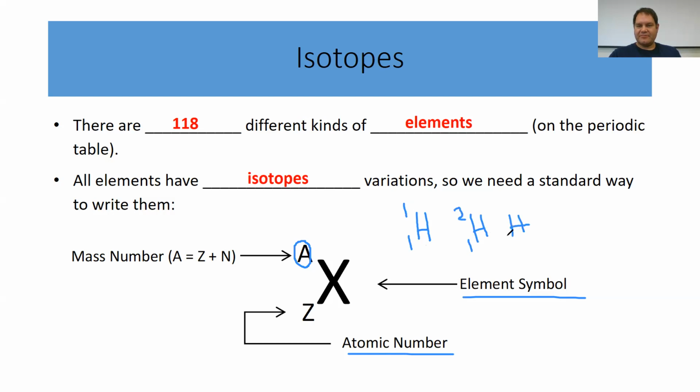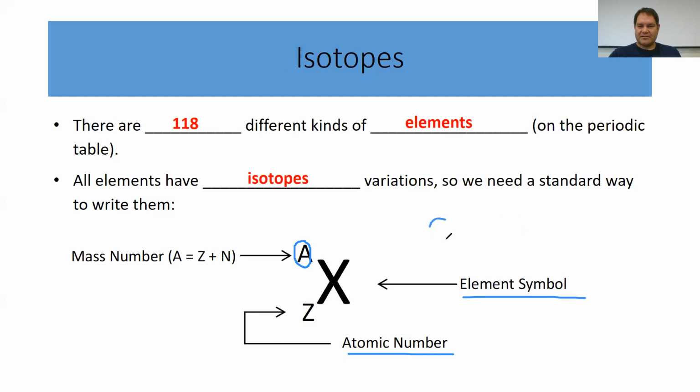And another one with 1 proton, hydrogen-3. Okay, so again, we put the mass number at the top left-hand corner, with the atomic number at the bottom left-hand corner.